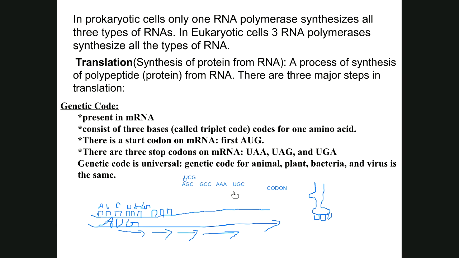So we can get millions of codons from these 4 nucleotides A, U, G and C. Okay. So this genetic code is universal. It is another important piece of information. That means the genetic code for animals, plants, bacteria and viruses is the same. So this is the function of messenger RNA.